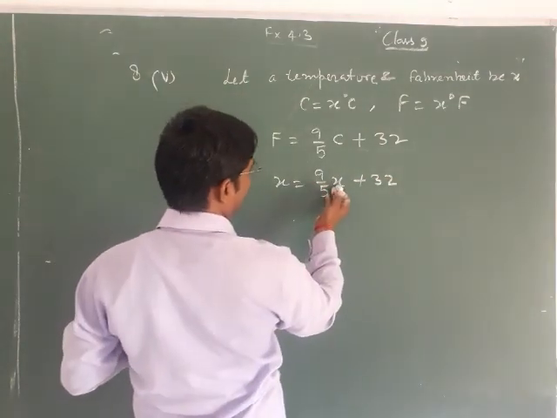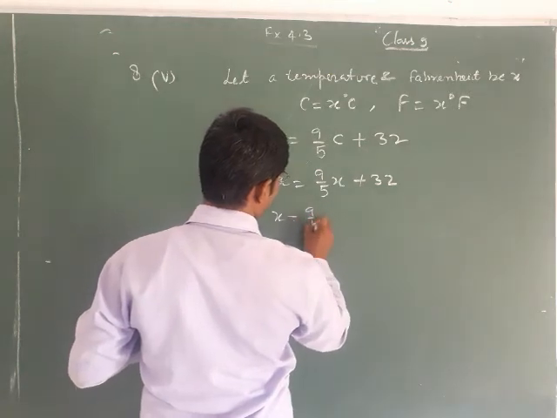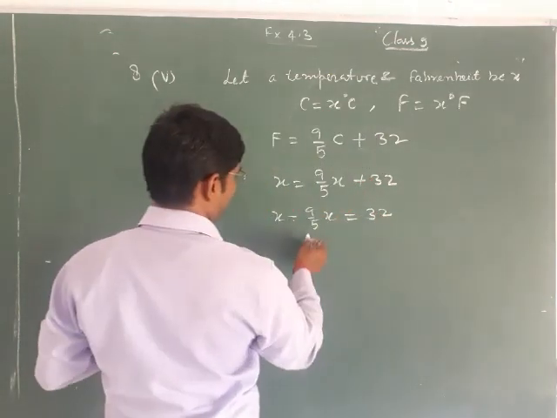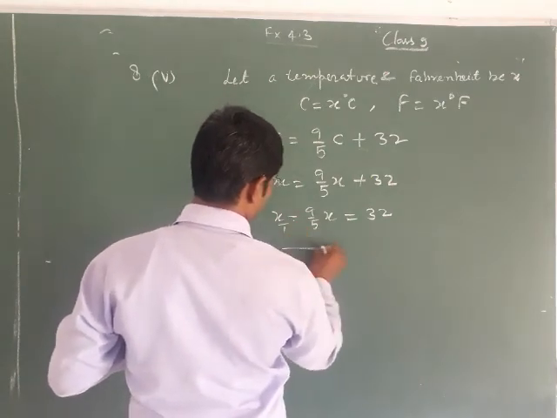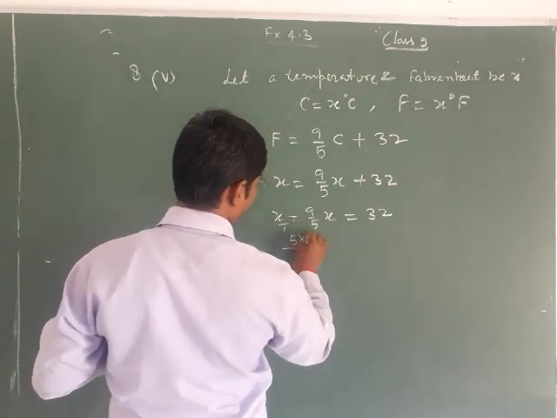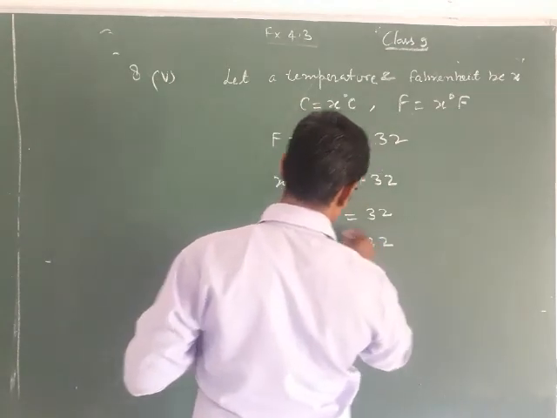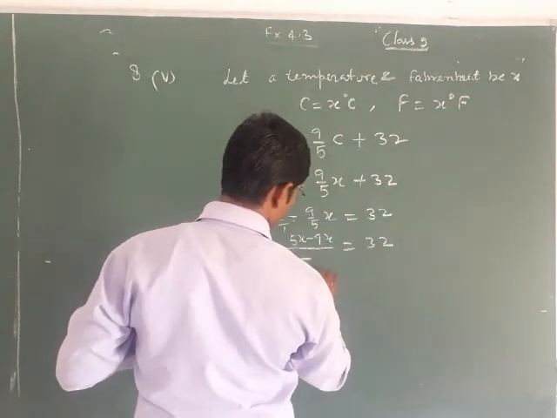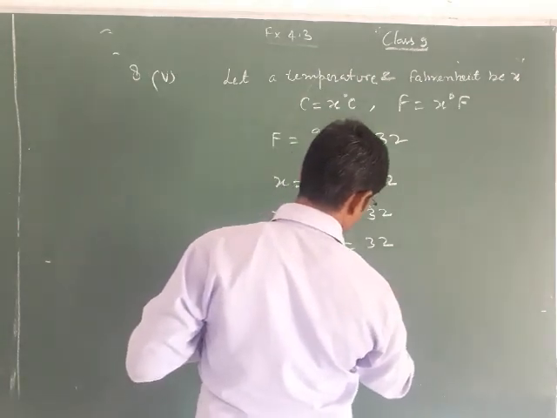So now x minus 9/5 x is equal to 32. Now take LCM, this is 5. So 5x minus 9x, this is minus 4x upon 5 is equal to 32.